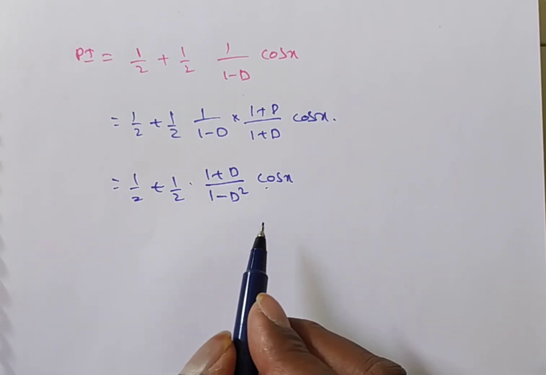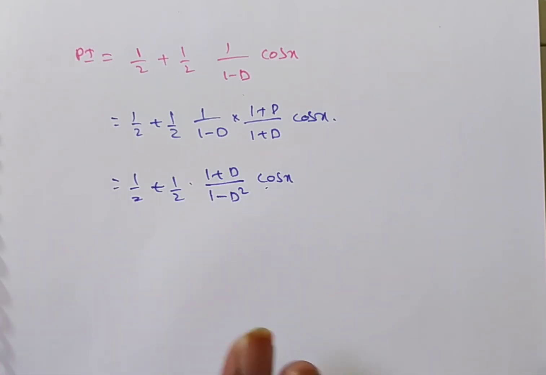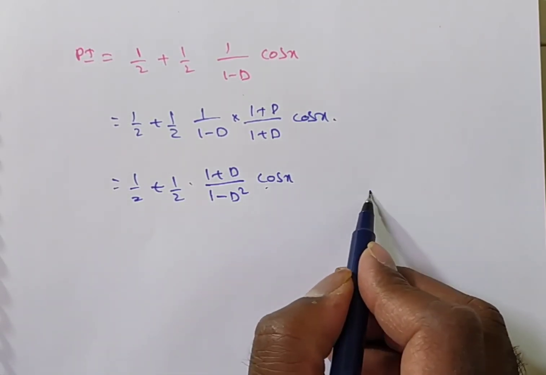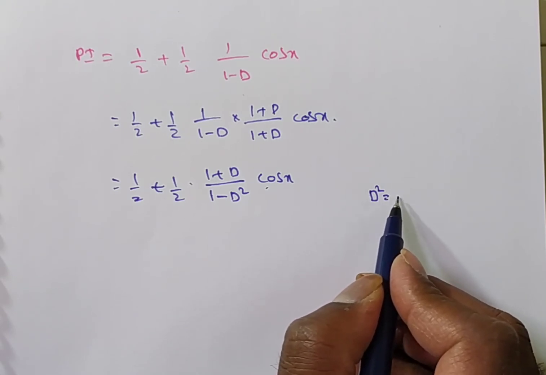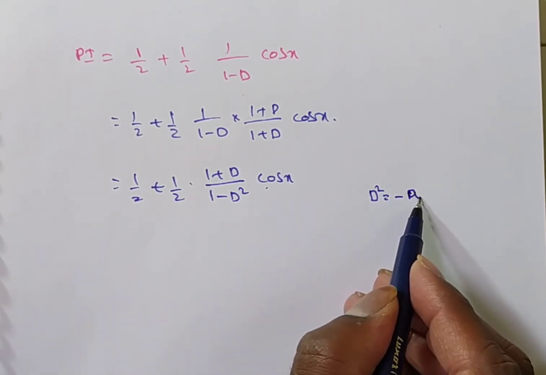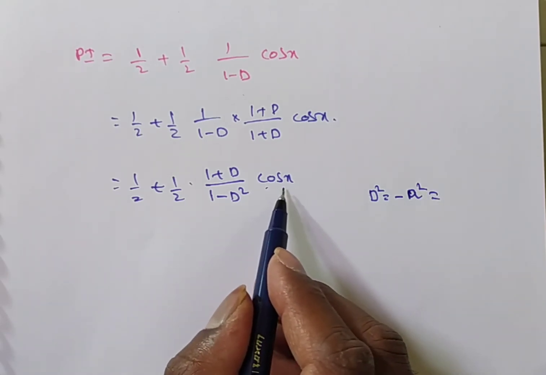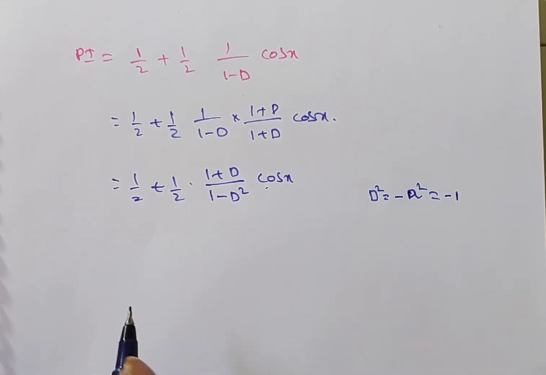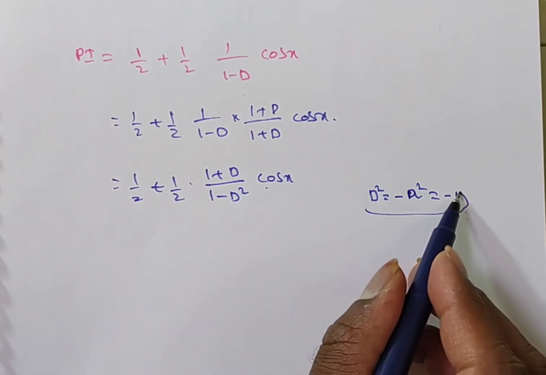If numerator is containing D term, there is no issue, no problem. We can apply directly. But in the denominator only you will face a problem, right? So again, if you have D square term, then what do we have to replace? D square by minus a square we will replace. What is ax here? 1x. So a is equal to 1. So you will have minus 1. D square is equal to minus 1 we have to replace.